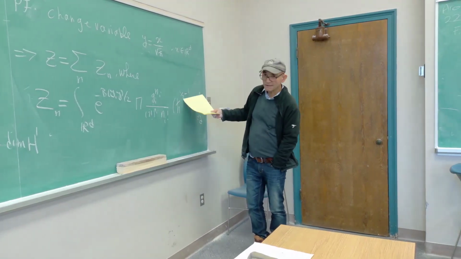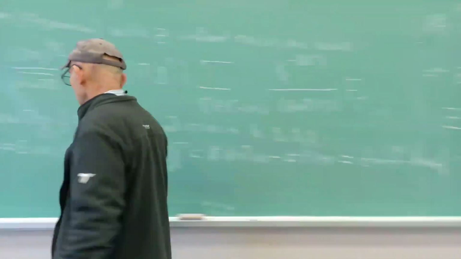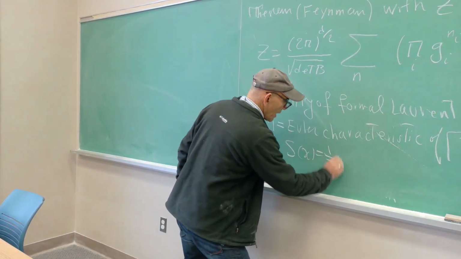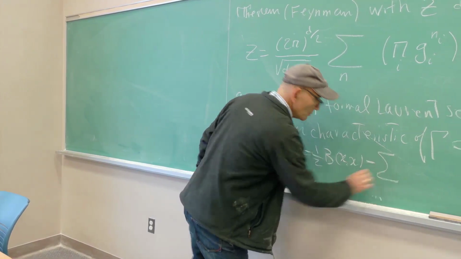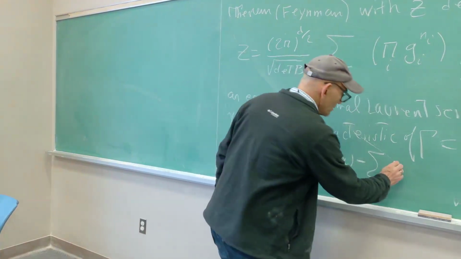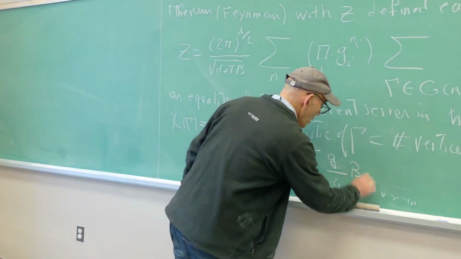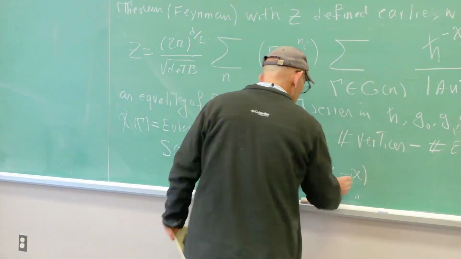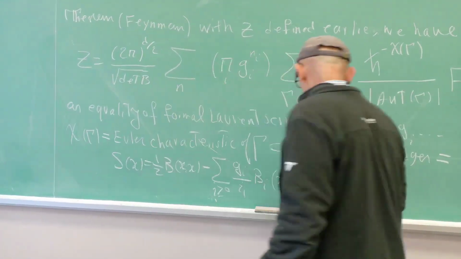And you see why you get these coefficients, because you remember we had S of x equal to 1/2 b(x,x) minus the sum of g_i over i factorial b_i(x,x), for i greater than or equal to 3.